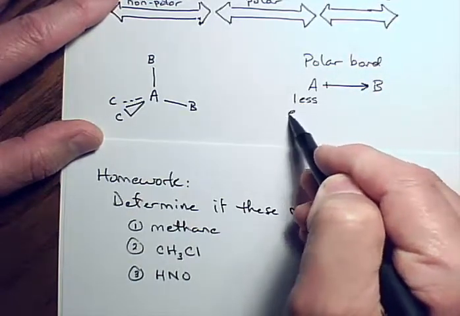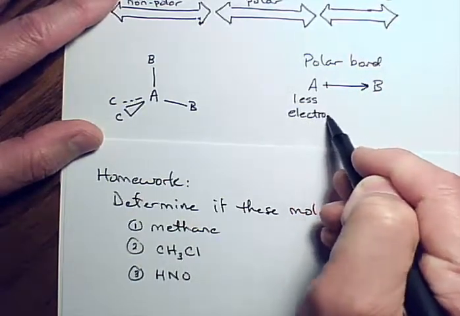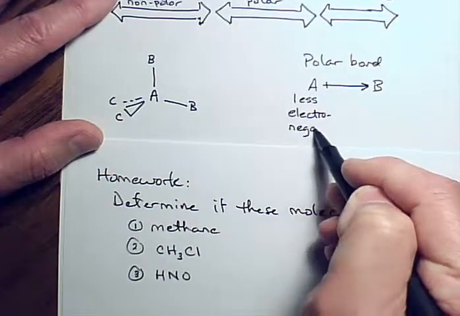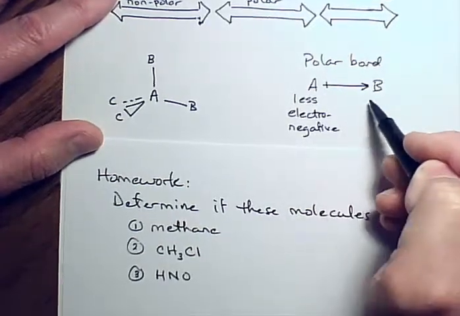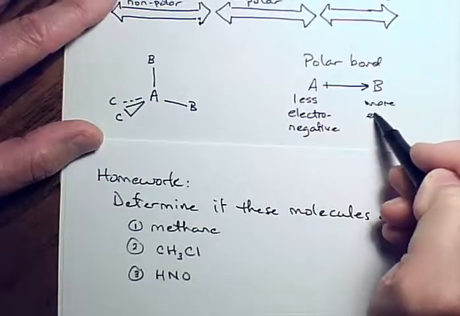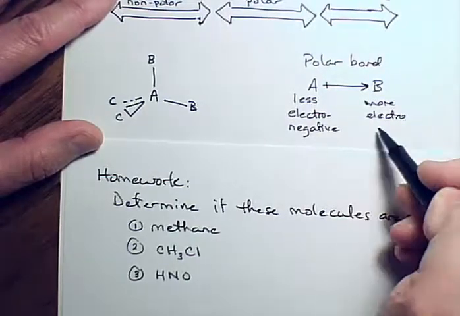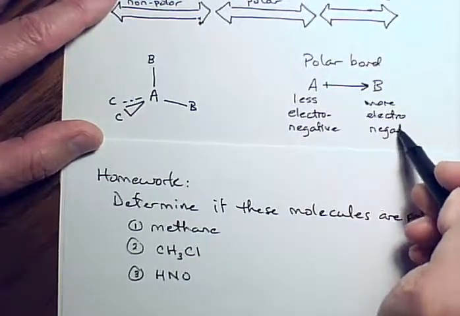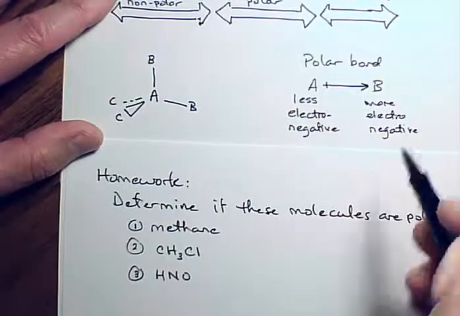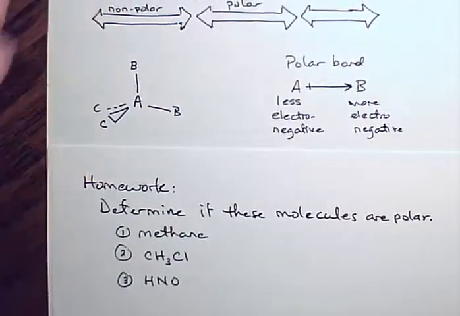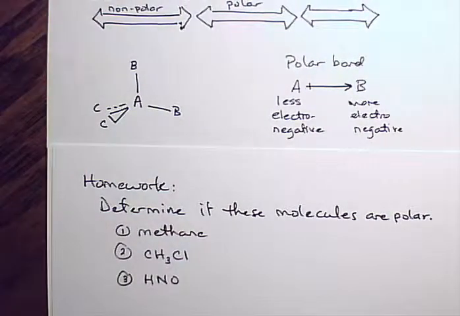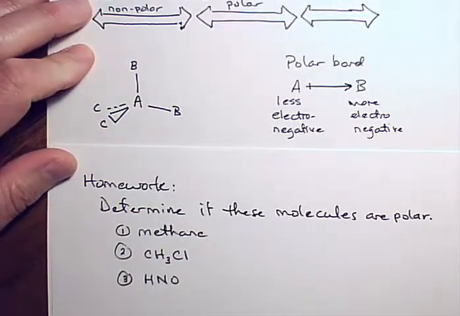So this end is less electronegative, and this one is more electronegative. You don't have to have that, but it might be a tool that helps you put everything together.